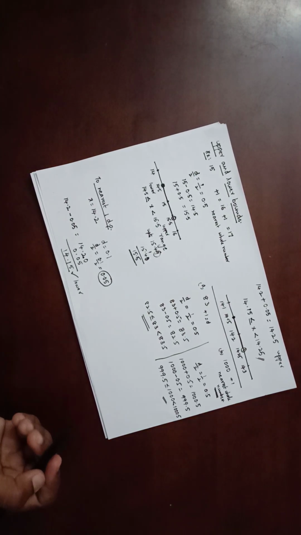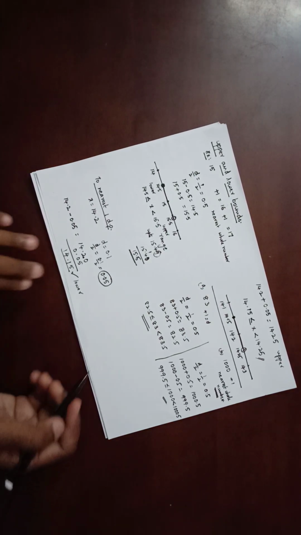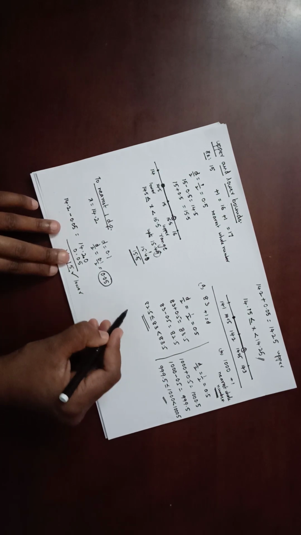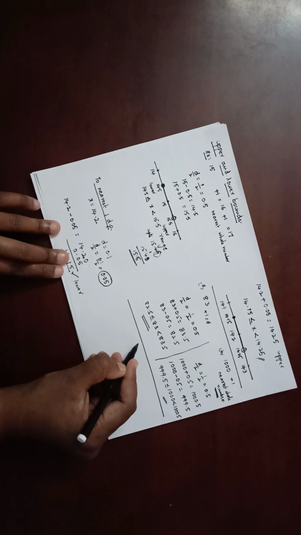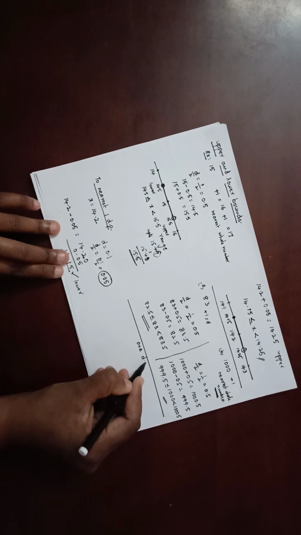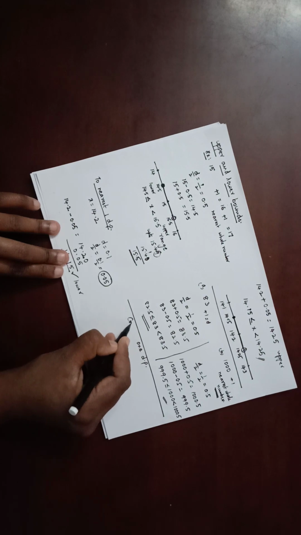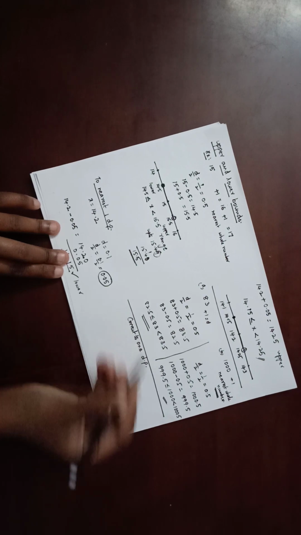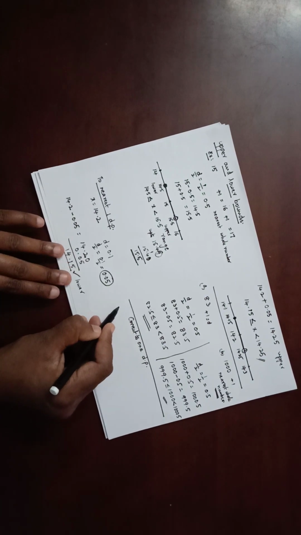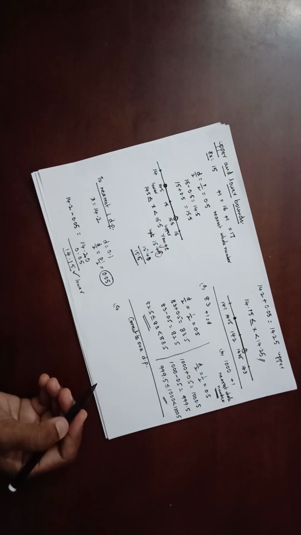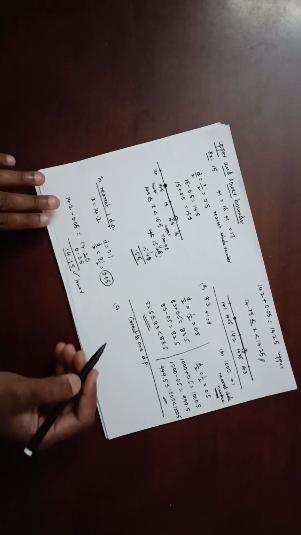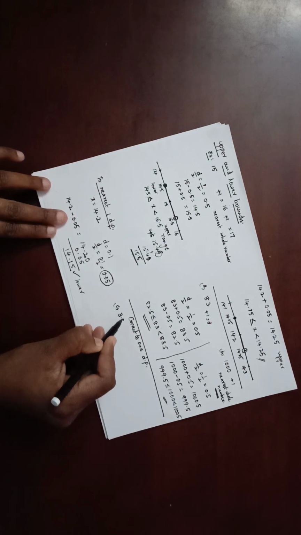Coming to correct to one decimal point, you should find the upper and lower bounds, correct to 1 dp. Next part: I am taking one more, that is 3.8.